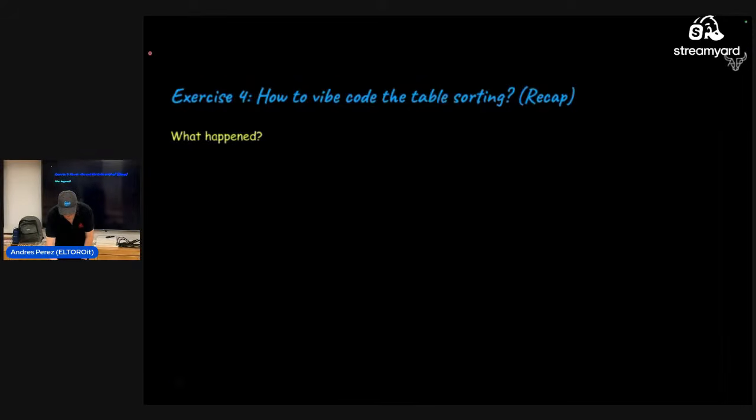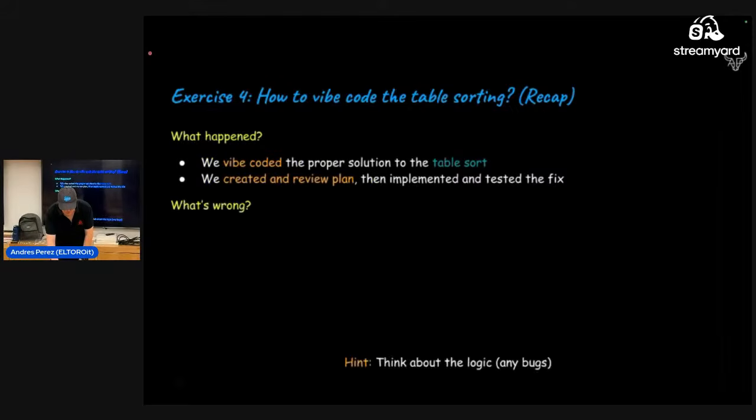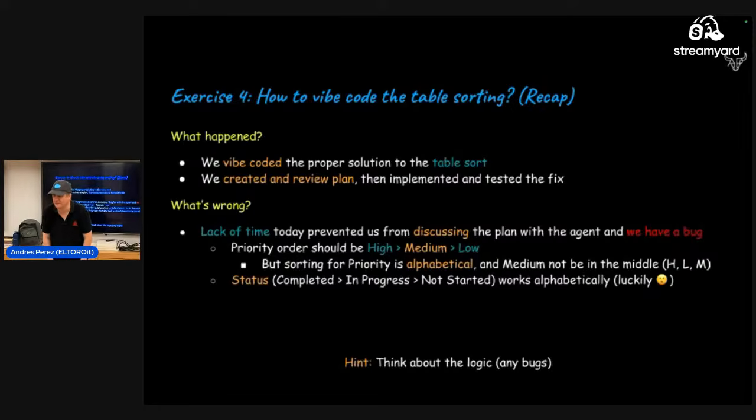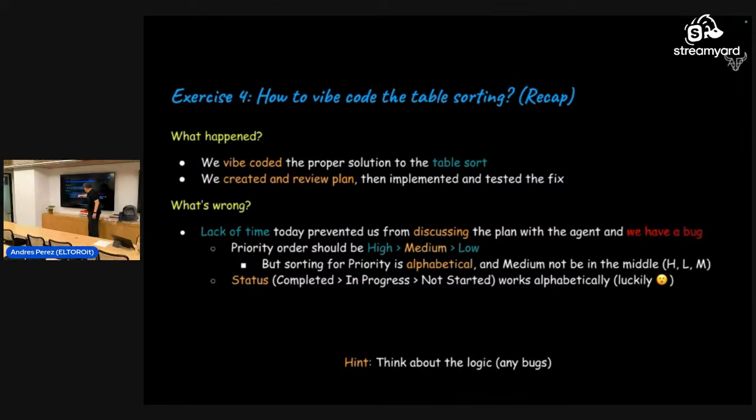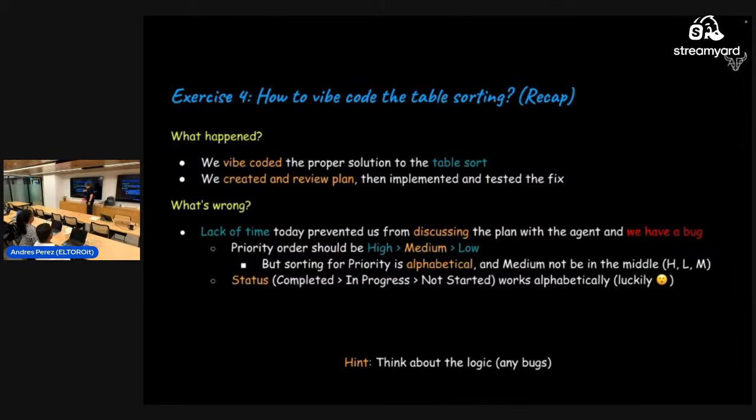All right. So what happened here is that we accepted the code that it gave us. We did vibe coding to fix the problem. The complaint about the cases table from the previous exercises was that it was not sortable. That's what a lot of our customers wanted. So we vibe coded that solution. The problem is that if you sort high, medium, and low alphabetically, low goes in between high and medium, right?